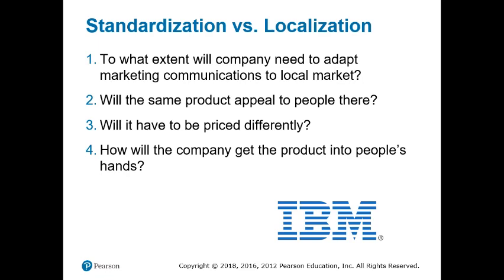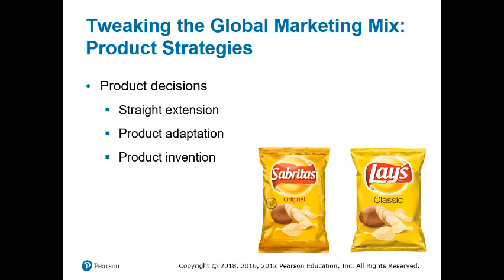But for some other product categories, you have to do a large localization to adjust it to the local tastes. And these changes can be in the product component of the marketing mix.